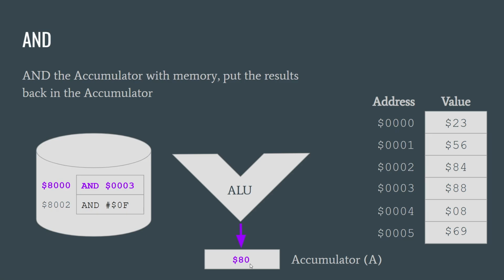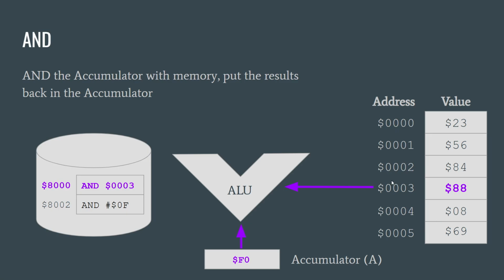The reason that it's an 80, let's look back, is that this is an F0. So that means the top 4 bits are all 1 and the bottom 4 bits are zeros. With an AND operation, both bits have to be set to 1. If we have 88, that means it is a 1 0 0 0 and a 1 0 0 0.